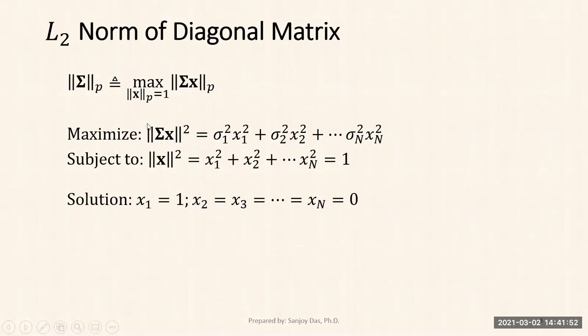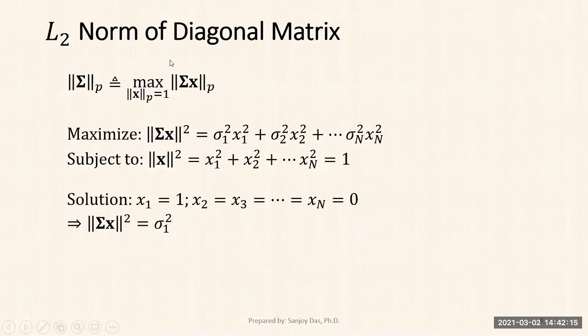So what's the maximum value? I set this equal to 1 and everything else 0. So this is sigma 1 squared, right? And this is the maximum. Sigma 1 squared is the maximum of the norm of sigma x squared.